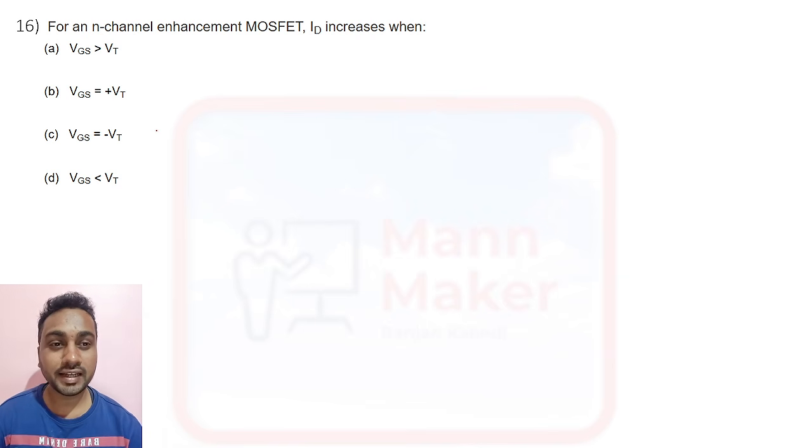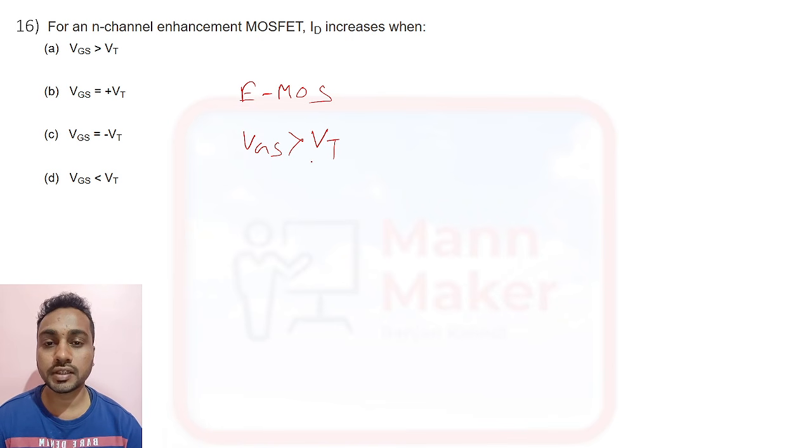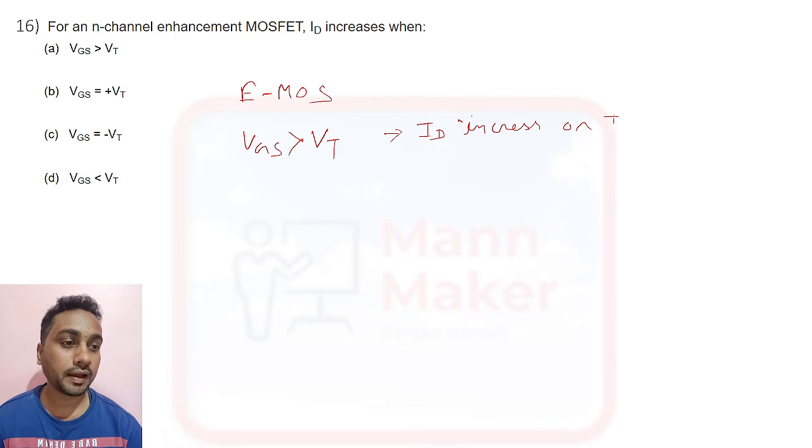For an N channel enhancement MOSFET, ID increases when? So two conditions are there for enhancement MOSFET, EMOS, we can say enhancement MOSFET. When VGS is greater than VT, means gate to source voltage is greater than threshold voltage, then ID will increase, or we can say ID is greater than 0.